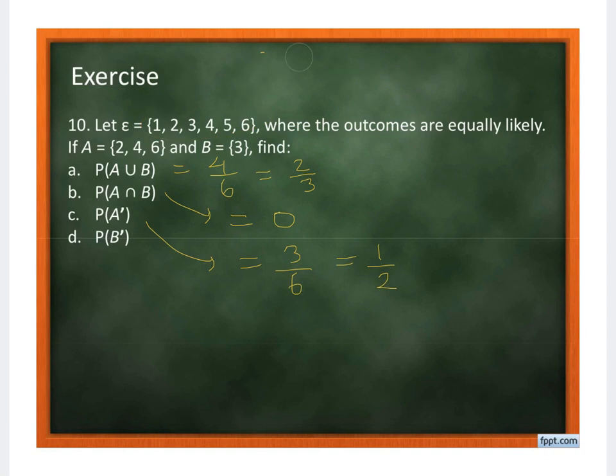Now B complement is 1, 2, 4, 5, 6, everything except the member of B. So the answer is 5 over the sample space 6.